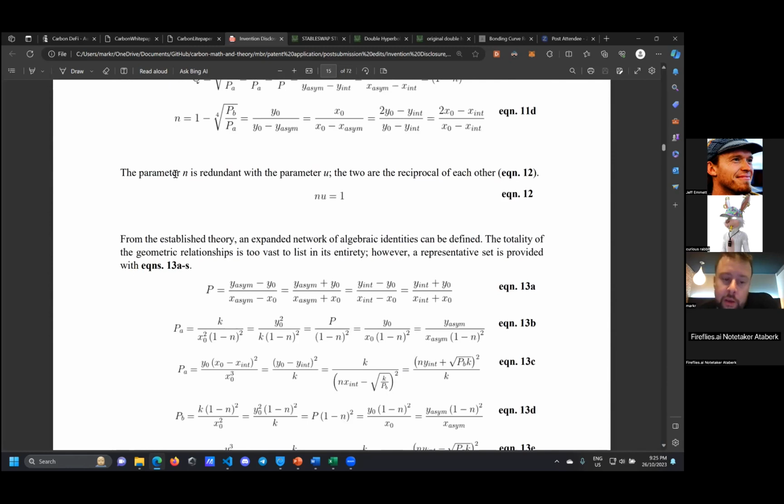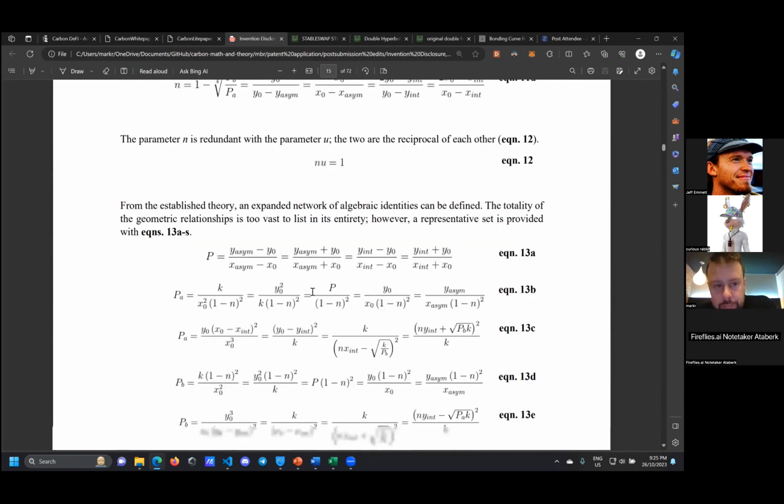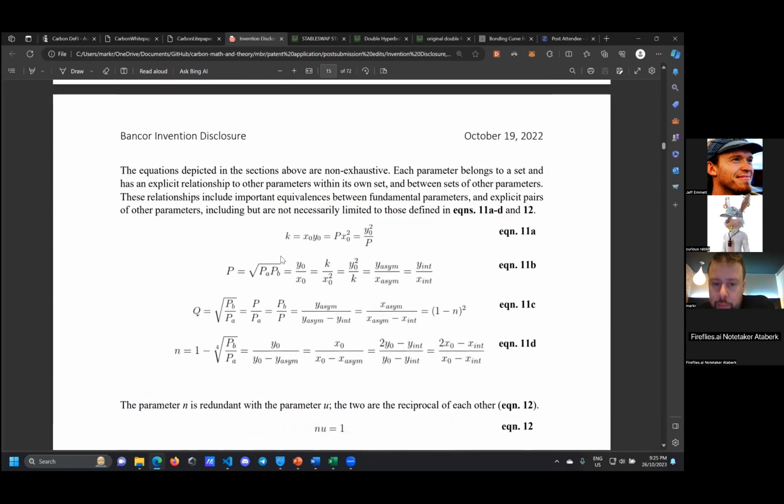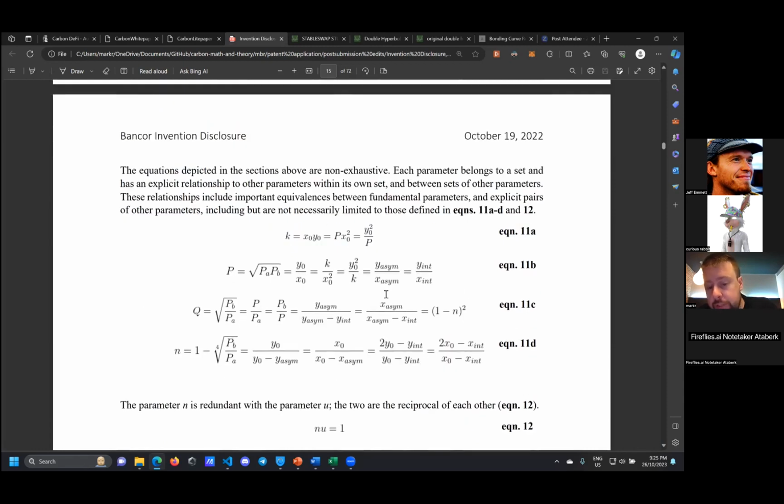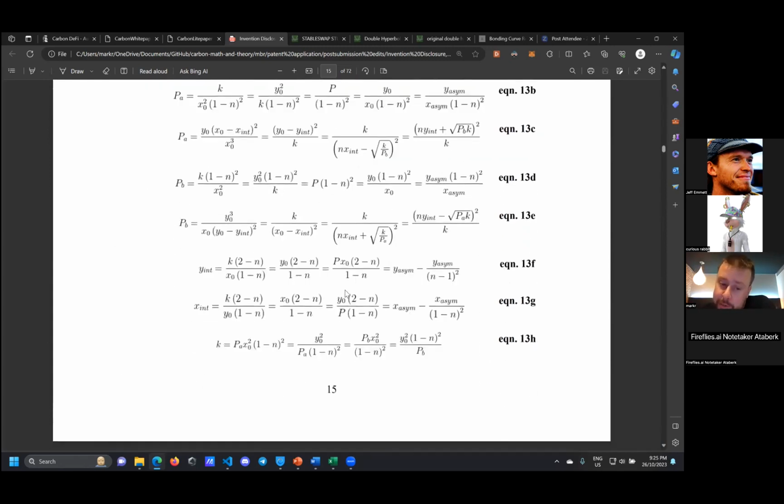Here we are. In some of the homework that I've given you previously, I've noted, can you define the intercept in terms of x0 and y0? Or can you define the asymptote in terms of the marginal price equation or something like that? And so here I've got a very long list of these identities that actually show you how to convert between all of these different aspects of a concentrated liquidity curve. And some of them are pretty surprising.